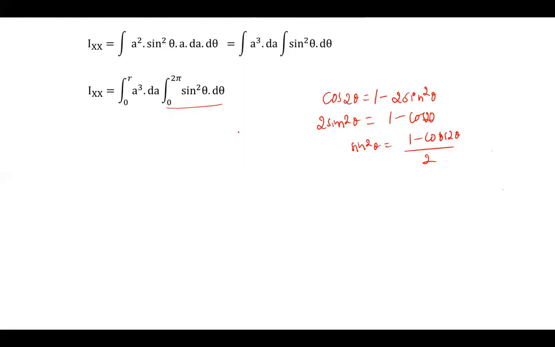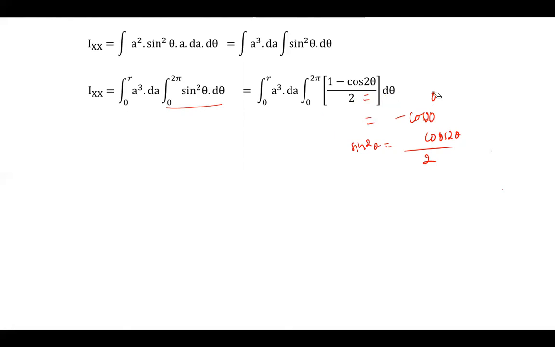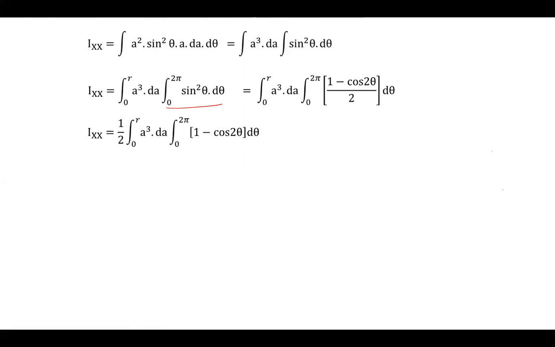So substitute the value of sine square theta and then integrate it. Integration of 1 minus cos 2 theta d theta you will have to take up, so you can take this 1 by 2 outside.